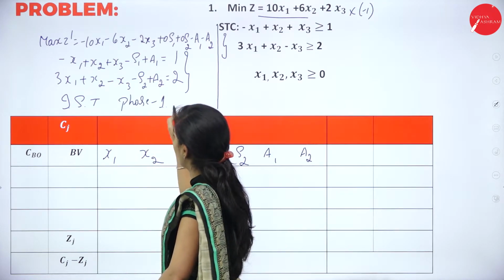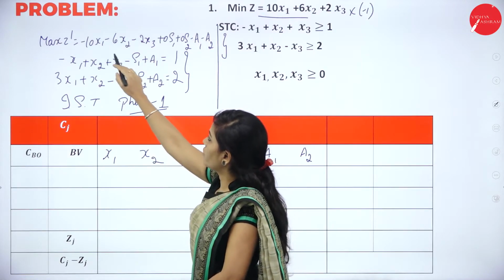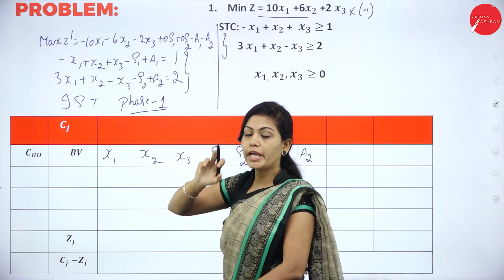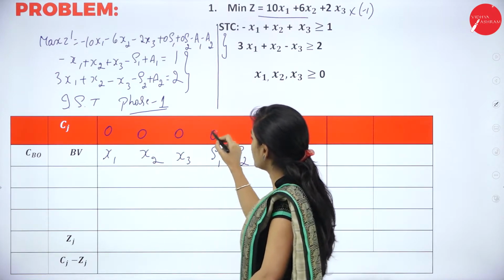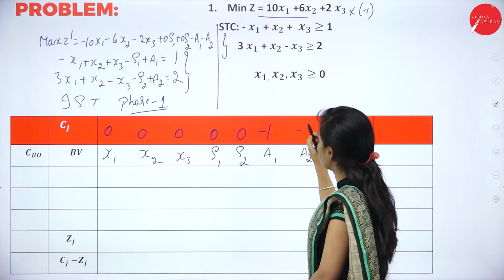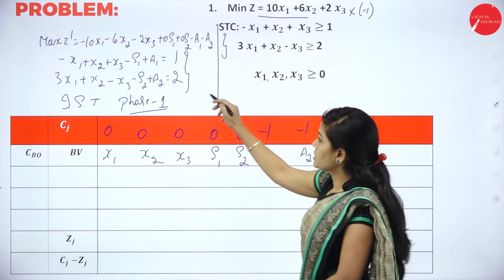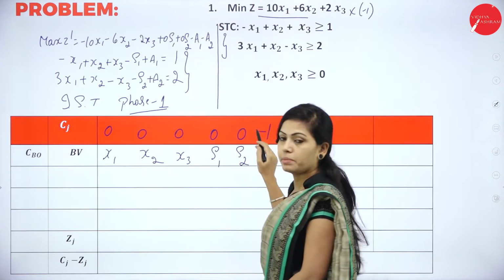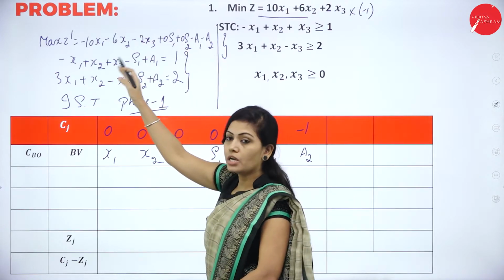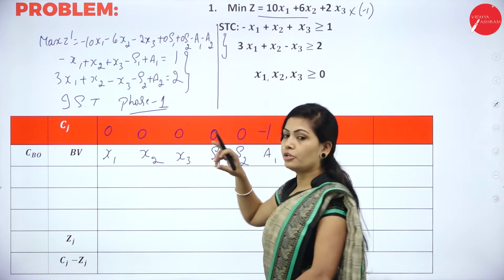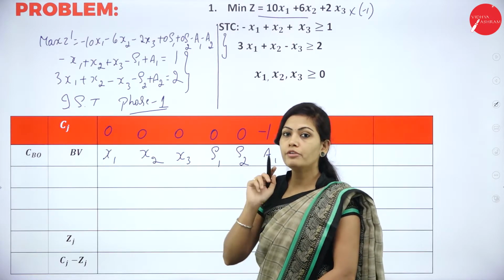In phase 1, all the coefficient values are 0 in the objective function, except the artificial variable coefficients, which are -1 and -1. Except for the artificial variables, all the coefficient values should be 0 in the first phase.